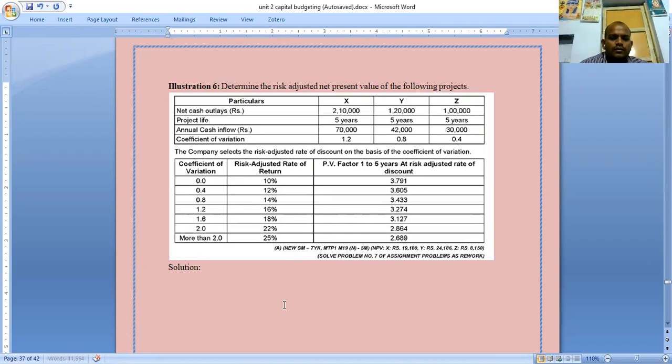First of all, we have to determine the risk-adjusted rate of return on the basis of coefficient of variation. See, statement showing the risk-adjusted rate of return on the basis of coefficient of variation.